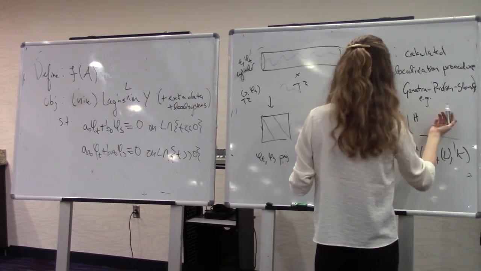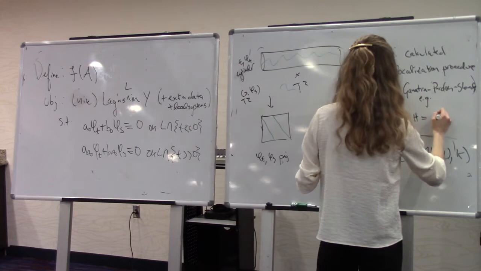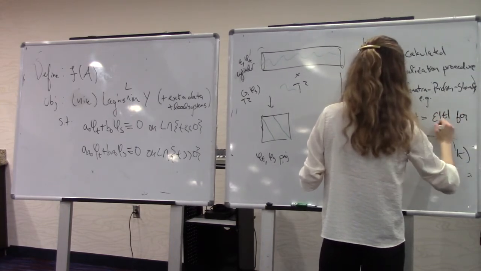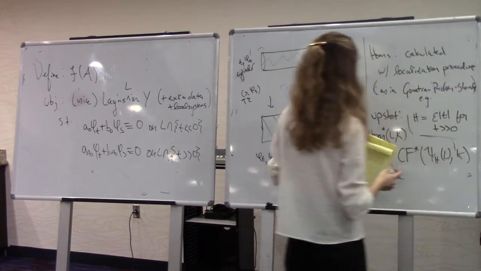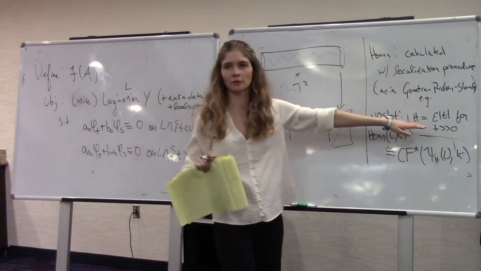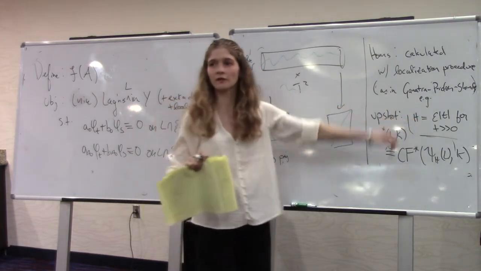So H is some Hamiltonian which equals epsilon times absolute value of T for T much, much greater than 0. So what's happening in this picture is this Hamiltonian is just going to kind of push off in the T direction.